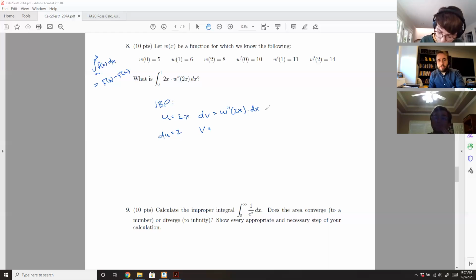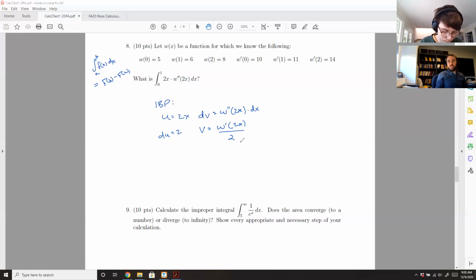And here is where there's a potential wrinkle, this 2 in the expression. I'm going to claim that the antiderivative here is w prime of 2x divided by 2. All right, there is that extra challenge there. W prime of 2x divided by 2. Now the reason for that, just to be explicit and to say it, is because there is secretly a u substitution happening as we calculate v from dv.